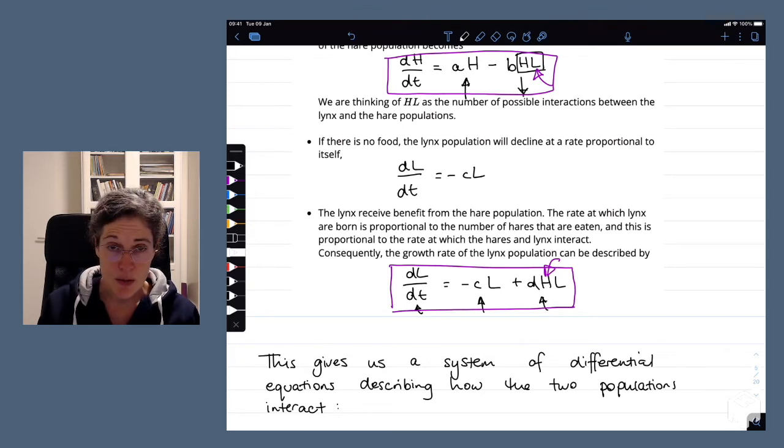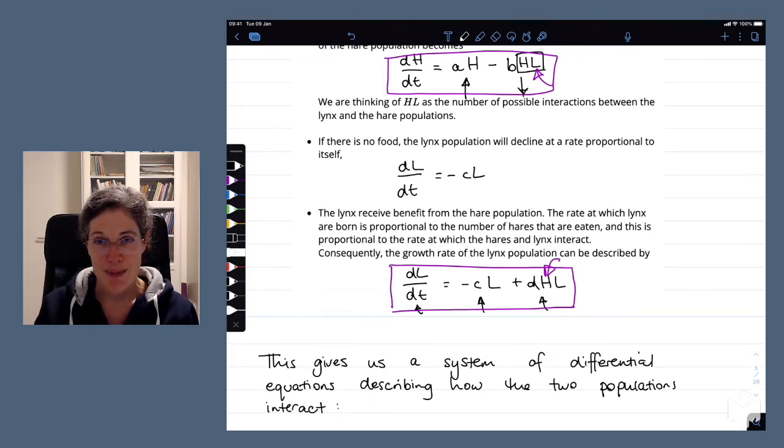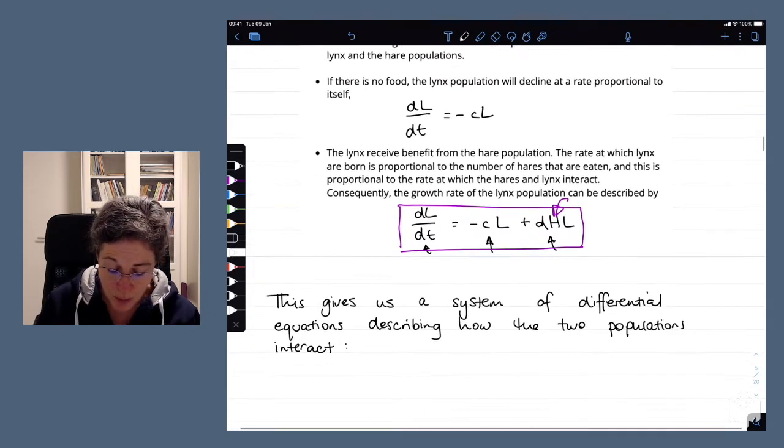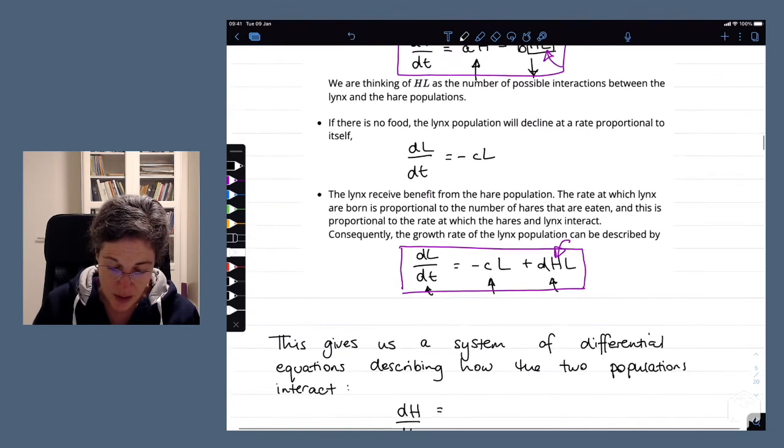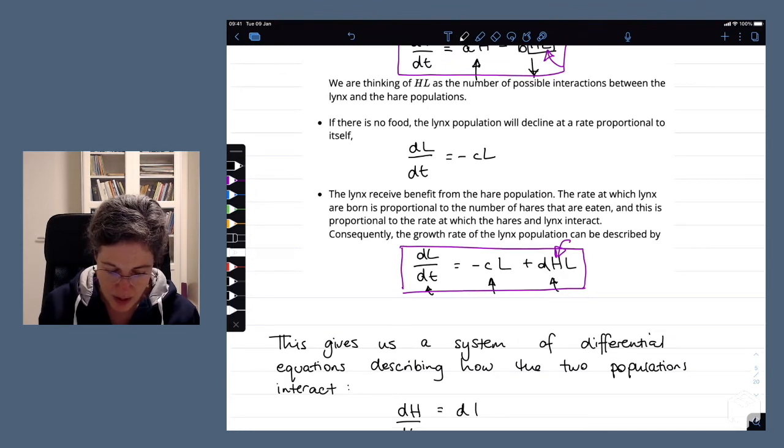So we have a system of differential equations, and basically the second part of this course is how do you solve systems. So if you have two or more differential equations that are linked like this, we need some techniques.